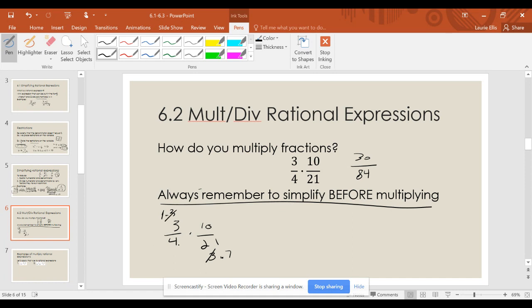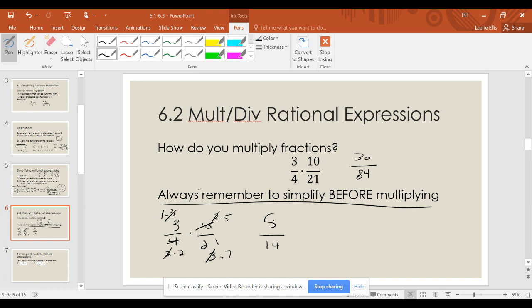The 10 is 2 times 5, and this 4 is 2 times 2. I see a 2 that they have in common, so they both cancel. My numerator is left with just the 5, and the denominator is left with 14.